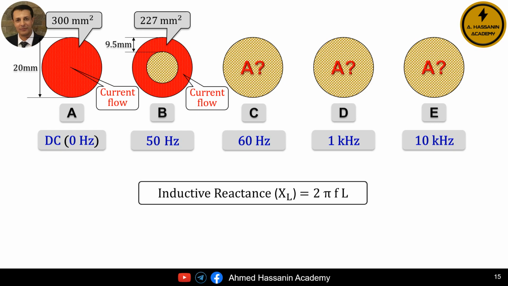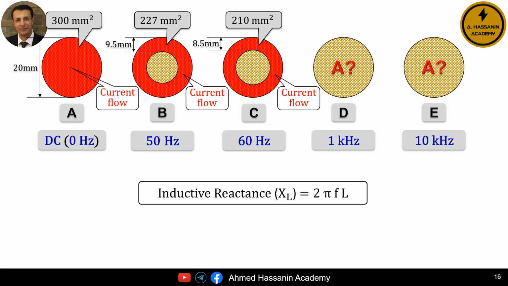This means that the presence of inductive reactance will cause the alternating current to be pushed from the core or inside of the conductor towards the outer surface or the outer layer of the conductor. In other words, the alternating current at a frequency of 50 Hz will flow and move through a certain thickness of the outer layer of the conductor, approximately 9.5 millimeters. Consequently, the cross-sectional area of the conductor through which the alternating current will flow is about 227 square millimeters, not 300 square millimeters as in the case of direct current.